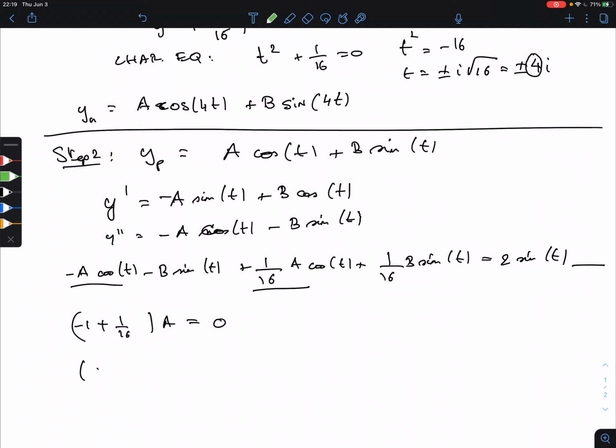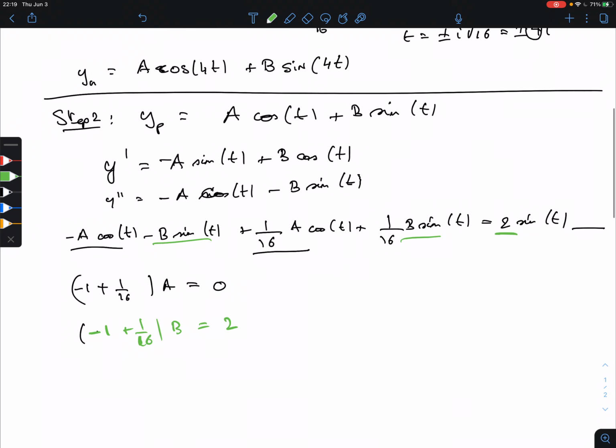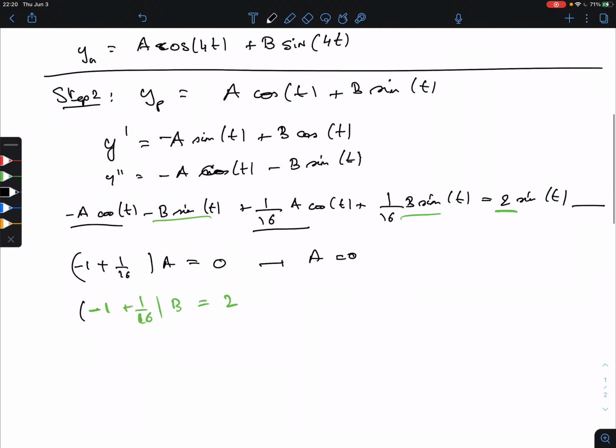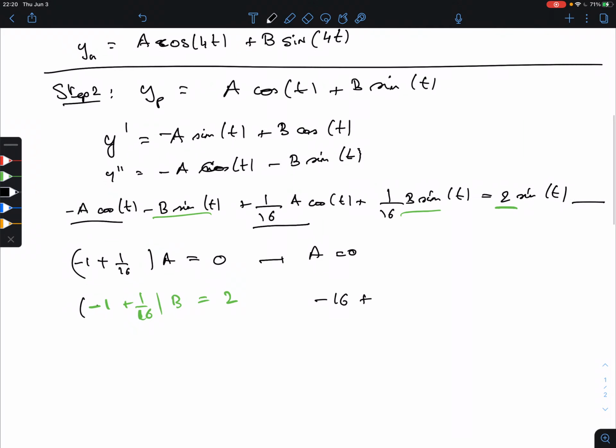So the sine, I'll do it in green. That is a minus b plus 1/16 b. So I'm taking the b out, but that is now equal to the 2 that we have here for the sine. So we have seen that a is 0. Now here we have to work it out. Multiply everything with 16, so we get minus 16 plus 1. B is 32.